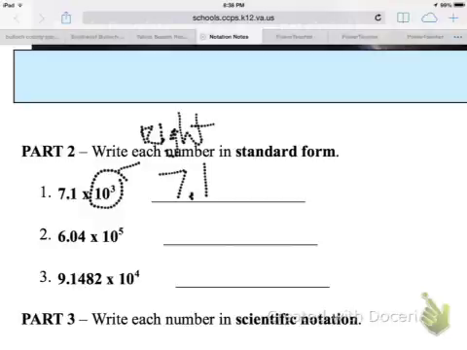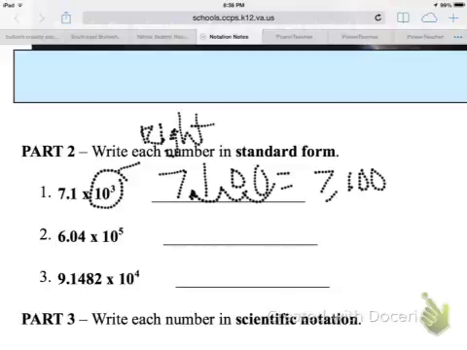My exponent is 3, so I'm going towards the right 3 times. 1. I've jumped 1. I'm out of moves, so now I'm going to add zeros. 2, 3. So my answer will be 7,100.